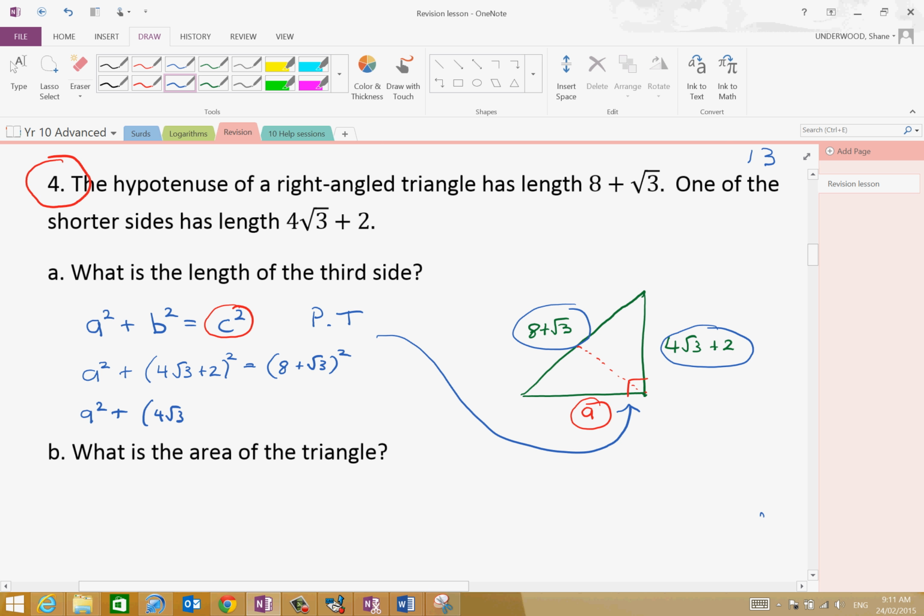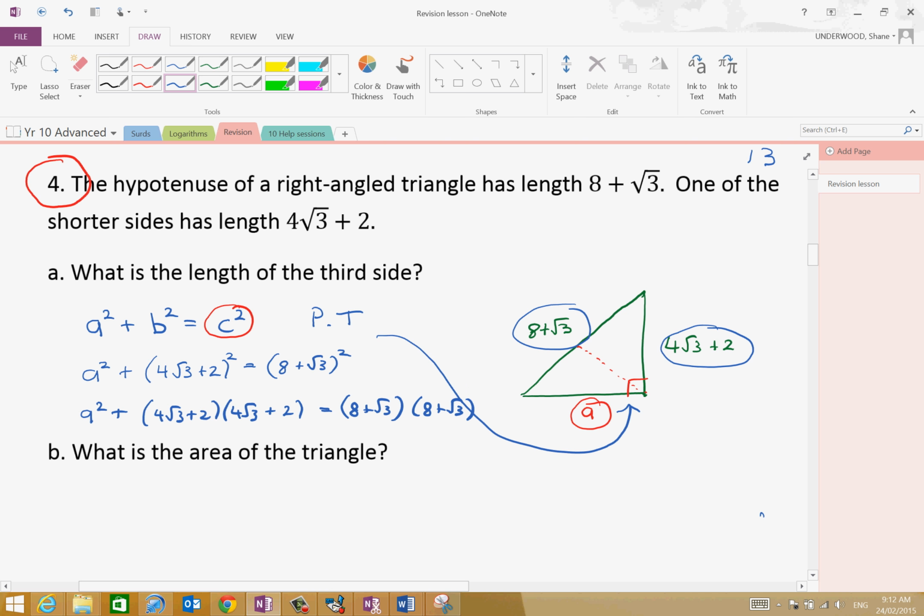4 root 3 plus 2 times 4 root 3 plus 2 is equal to 8 plus root 3 times 8 plus root 3.